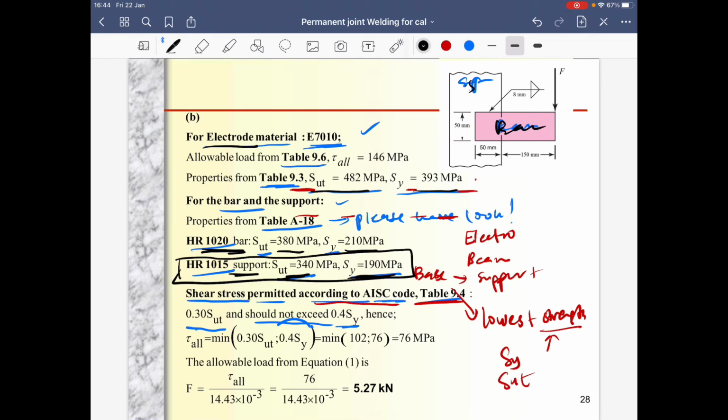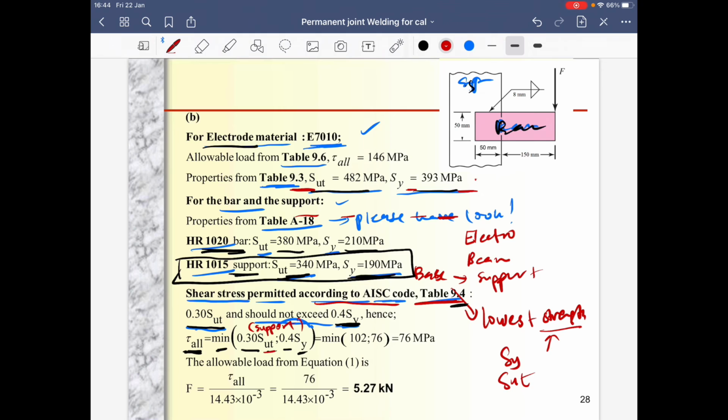Then we take into account the allowable shear stress that is permitted, from table 9.4: 0.3 SUT and 0.4 yield strength. Based on our analysis, we take both from the support.